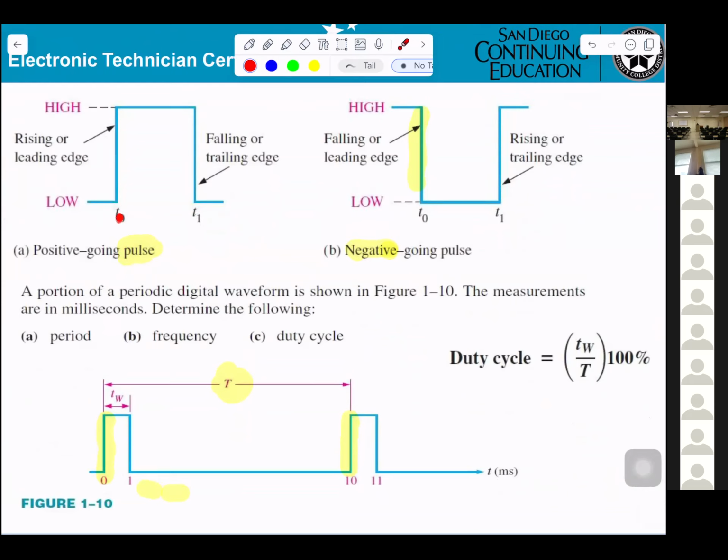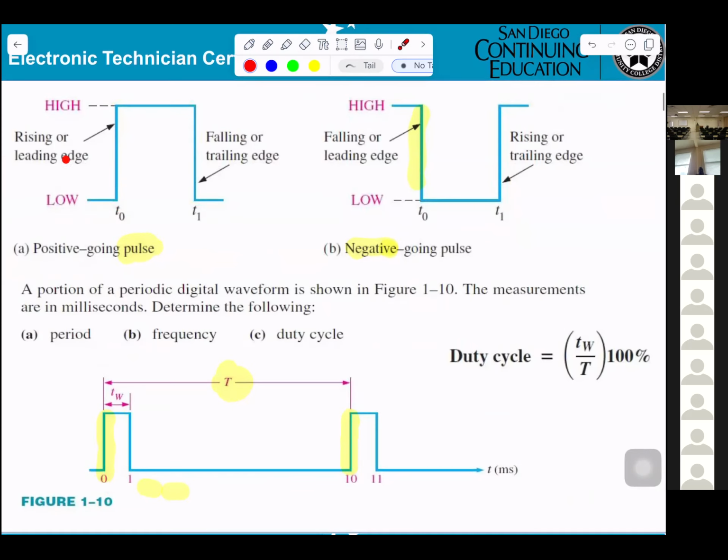At T0 it goes high, takes a little while and goes back low. The edge going up we call the leading edge. Going down, the trailing edge.